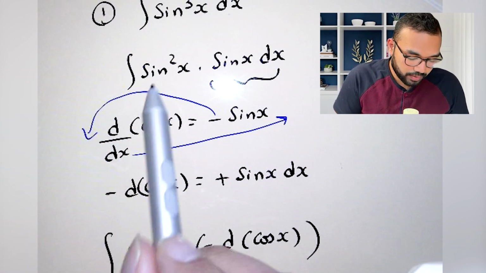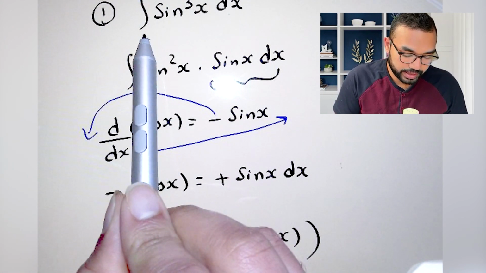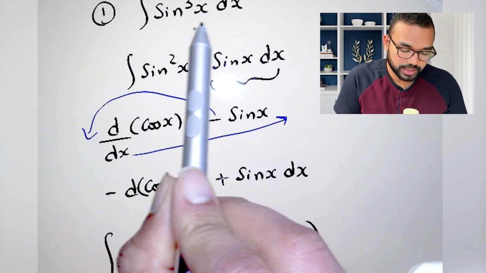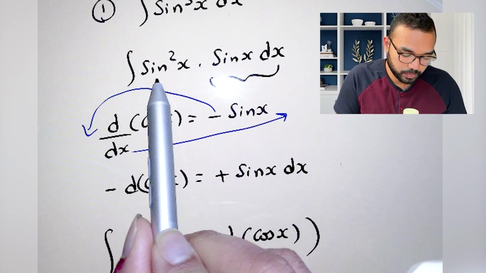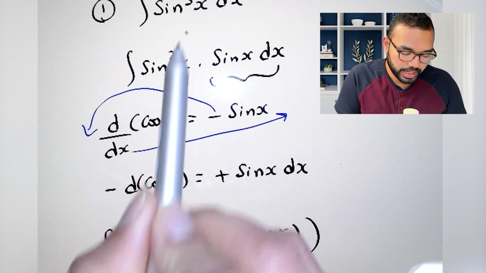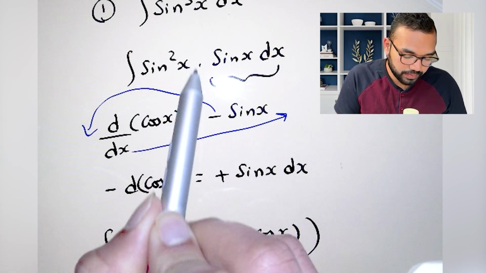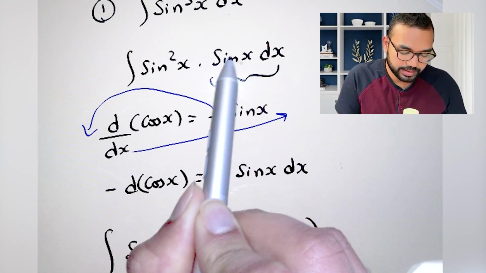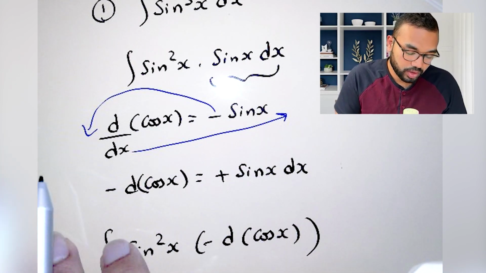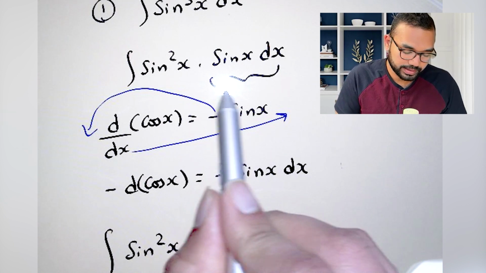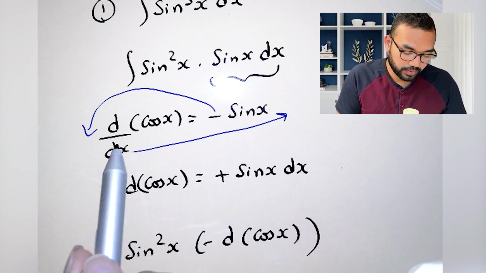Let's summarize what we just did. Our problem is to integrate sine cube x with respect to x. The first step I did is to split this odd power into one even power and sin x dx. I know that I can write this sin x dx as d of cos x.